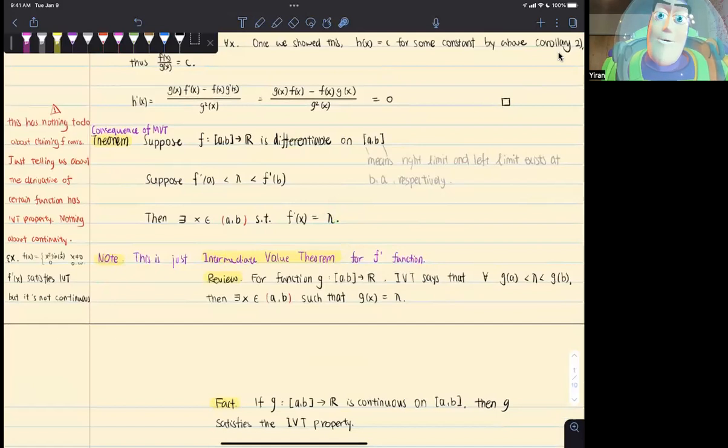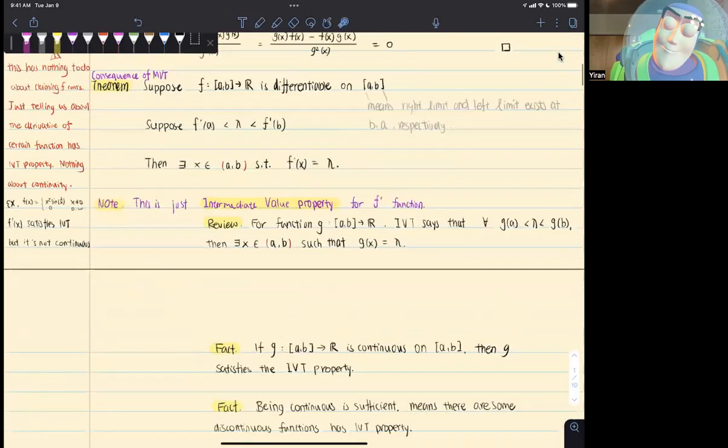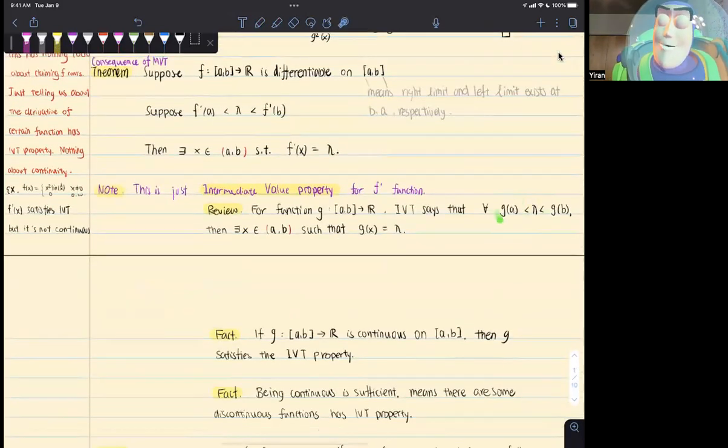So if you recall the intermediate value property, what is that? When we are given a function g, and we have a value lambda between g(a) and g(b), where a and b are the boundaries of the domain of g, then there exists x in the open interval (a, b) such that g(x) is equal to lambda.